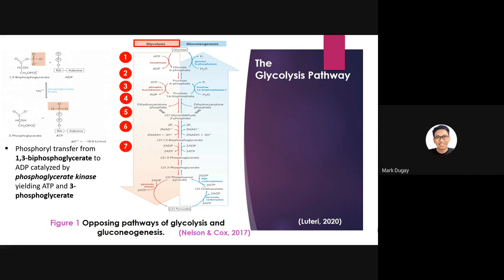Step 7. The reaction shows a substrate level phosphorylation in which a phosphoryl group is transferred from 1,3-bisphosphoglycerate to ADP, catalyzed by phosphoglycerate kinase, yielding 3-phosphoglycerate and ATP.